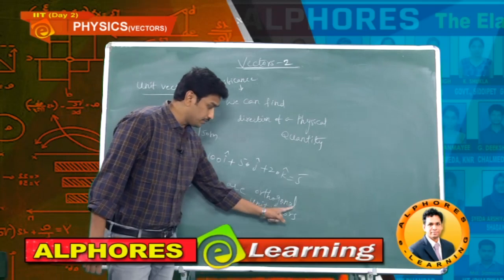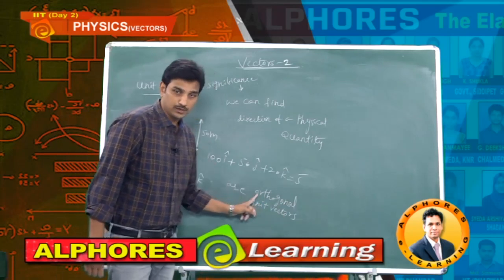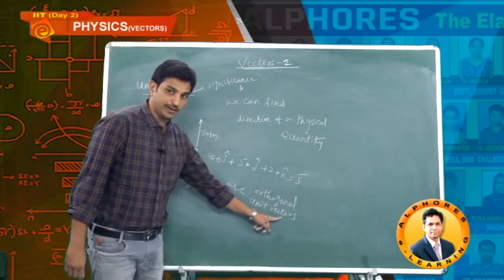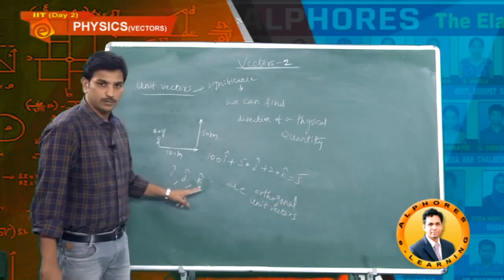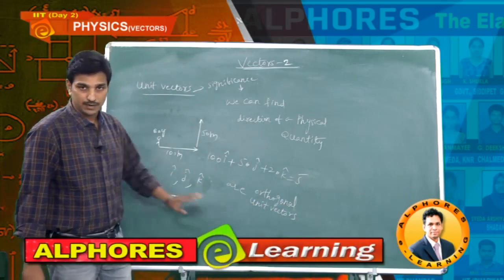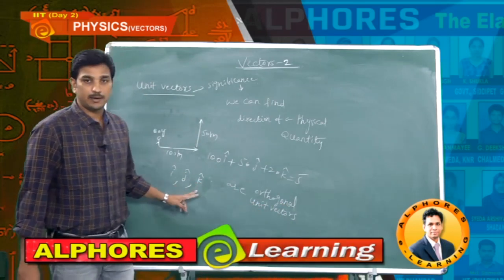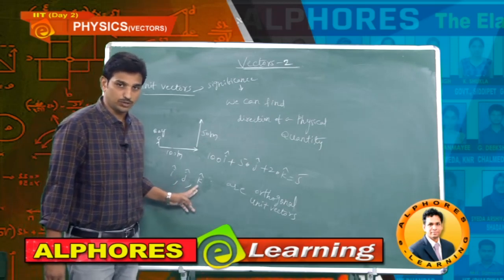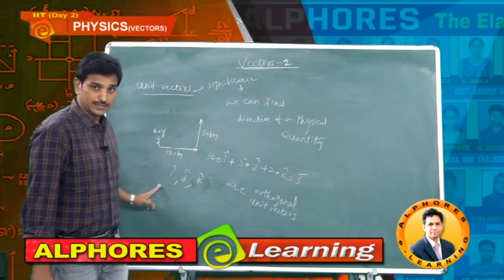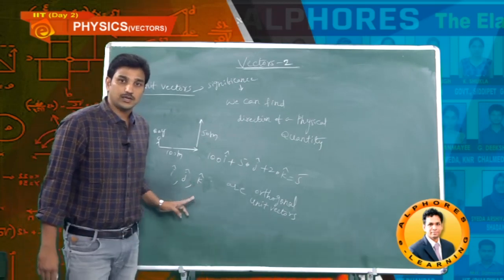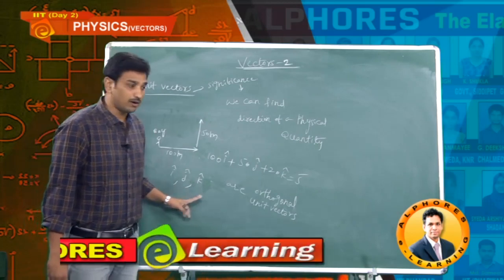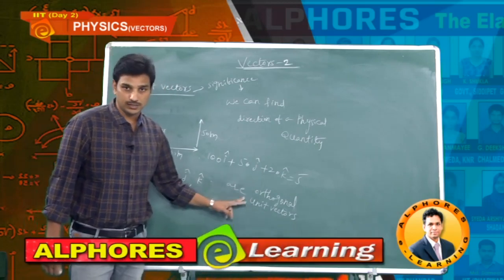Due to that reason, the name is orthogonal. Orthogonal means perpendicular to each other. And they are unit vectors, because of the cap. Whenever you find a cap symbol, that is a unit vector. So I cap, J cap, K cap are three unit vectors, perpendicular to each other, representing the direction of the x axis, y axis, and z axis. Due to that reason, these three are called orthogonal unit vectors.